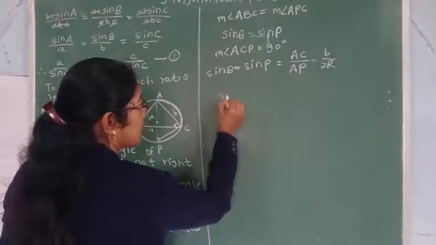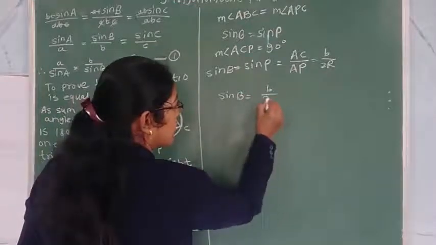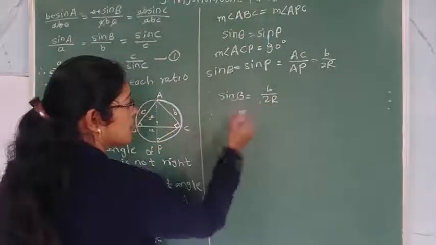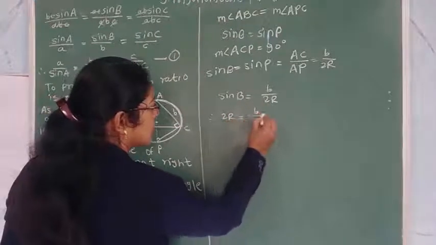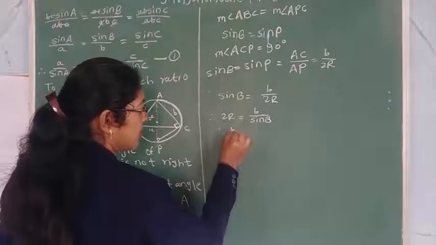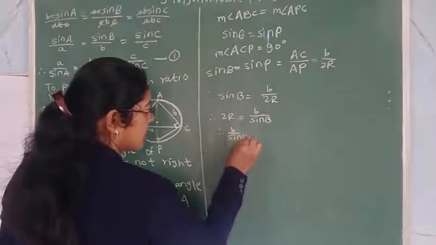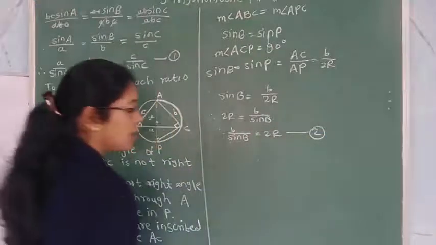So therefore sin B is equal to b upon 2R. So we take 2R on this side, so 2R is equal to b upon sin B. So therefore b upon sin B is equal to 2R. This is equation number 2.